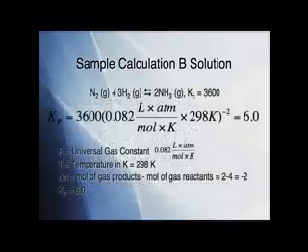We're going to go ahead and finish this calculation by putting Kp equal to our equilibrium constant expression in terms of molar concentrations, and that Kc value is 3600 times the product of 0.082 liters times atmospheres over mole times Kelvin times 298 Kelvin raised to a power of -2.